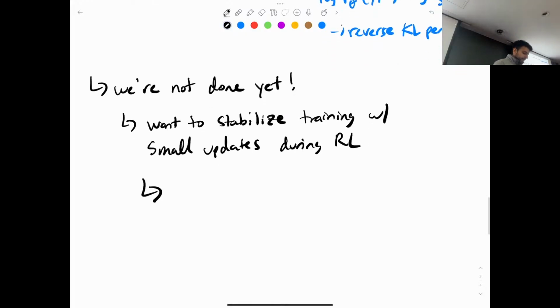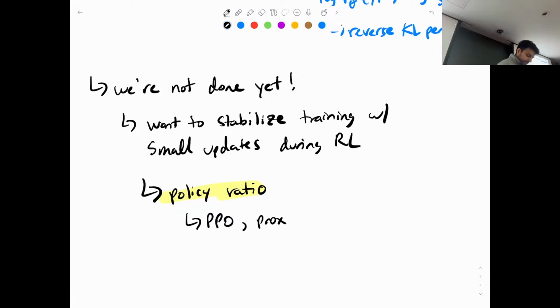But I want to introduce this new concept called the policy ratio. This is a central part of PPO, which is the algorithm that was used in the initial RLHF paper. So I can just write that out here. PPO is proximal policy optimization.